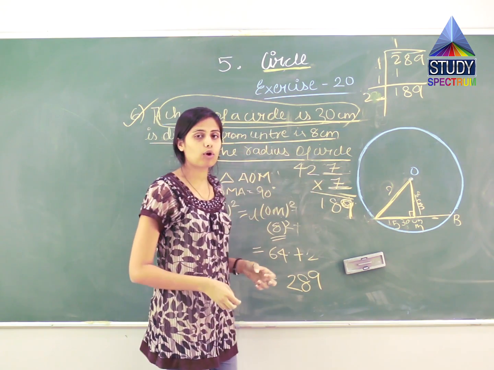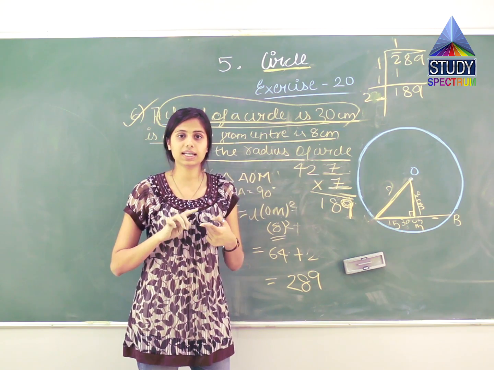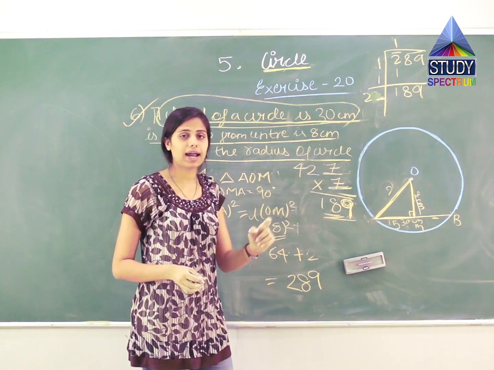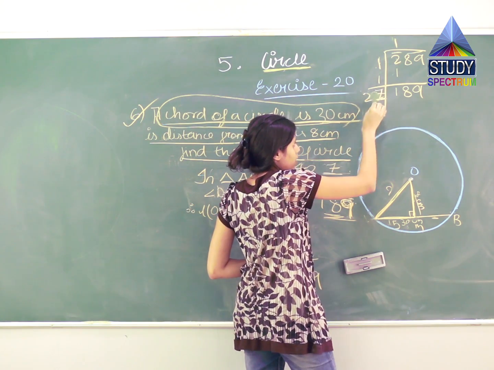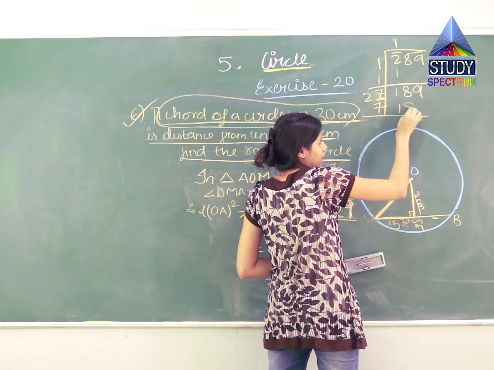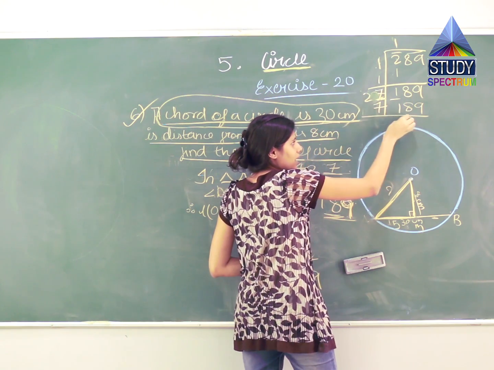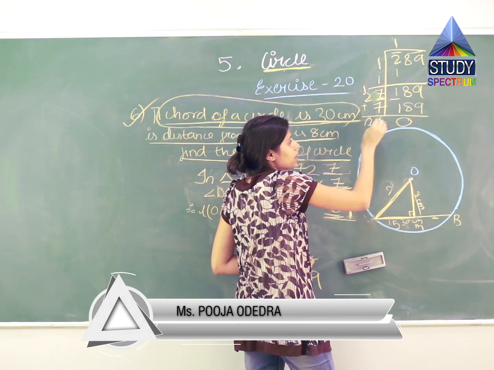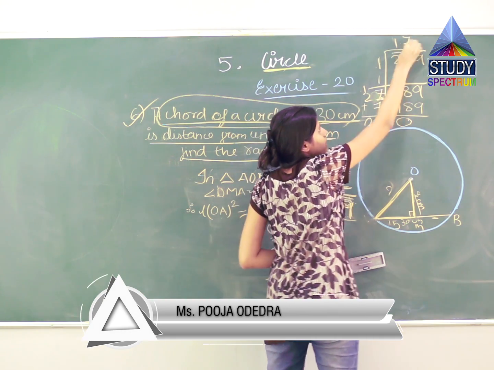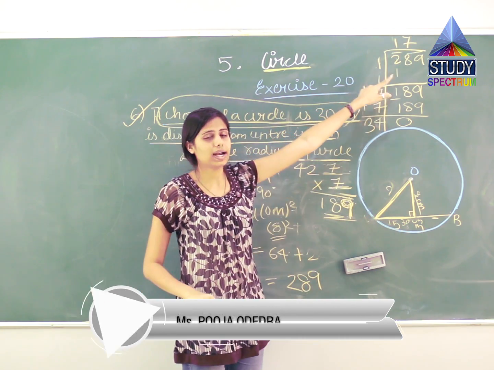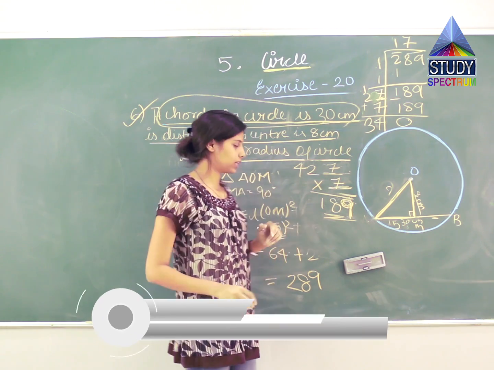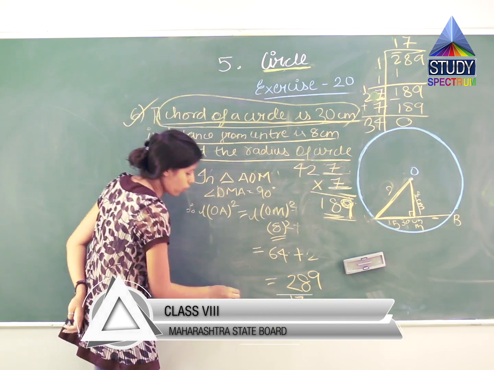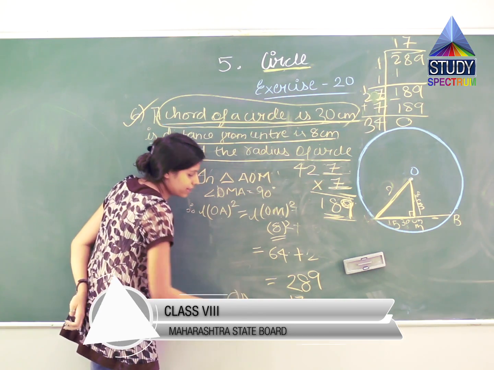Now 7 2s are 14, plus 4 is 18, so I got 18 also. It means 7 is the right number. 189 minus 189 is 0. 7 plus 7 is 14, giving 34 over here and 17 over here. So the square root of 289 is 17. Means OA is equal to 17.